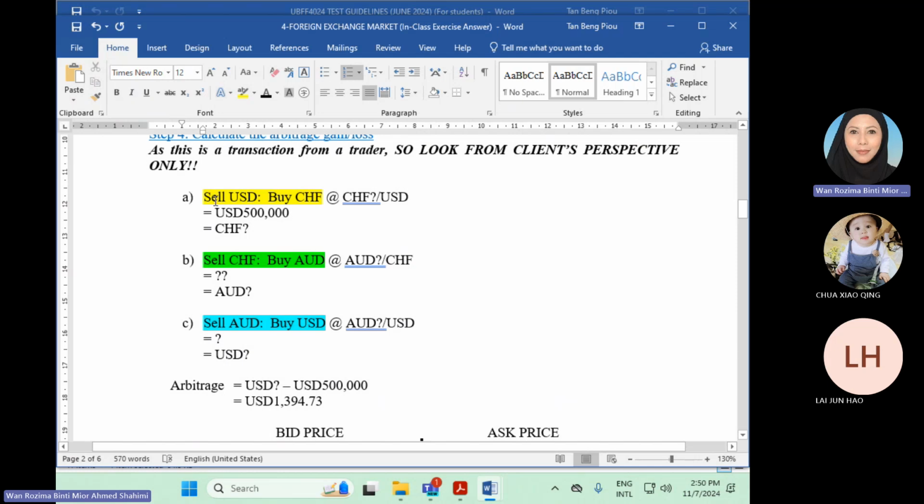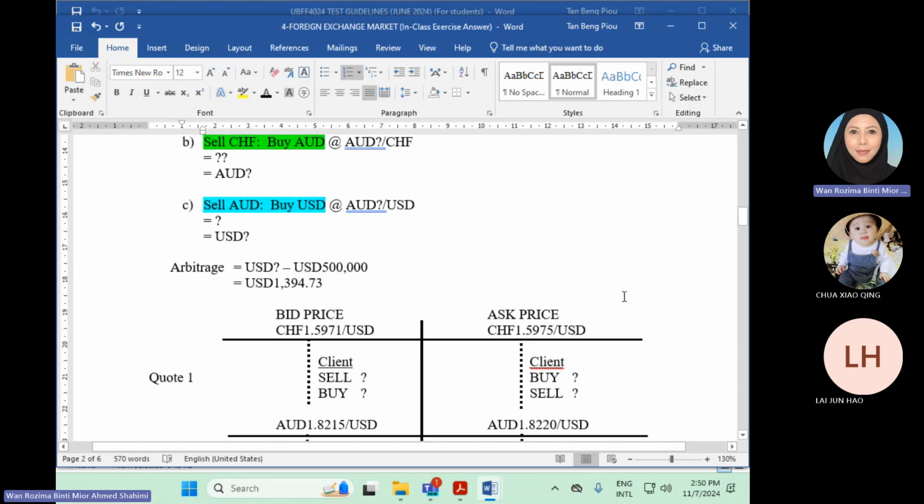Since we are talking, I will show you the first steps here. Since USD and Swiss franc, let me help you then. Bid is buy Swiss franc and sell USD, and then sell Swiss franc and buy USD.